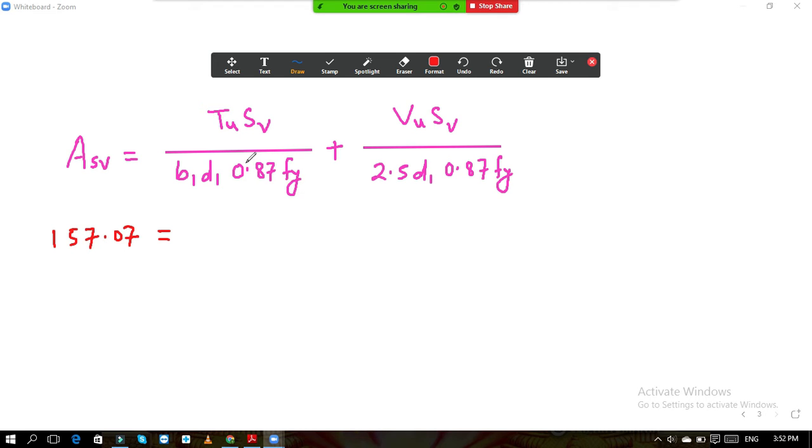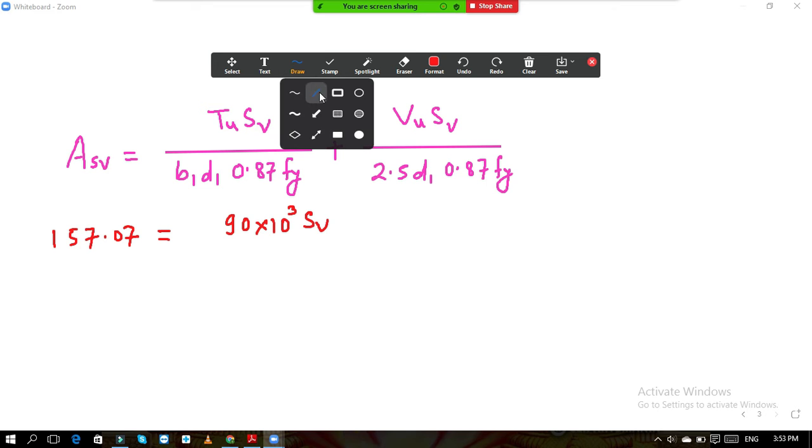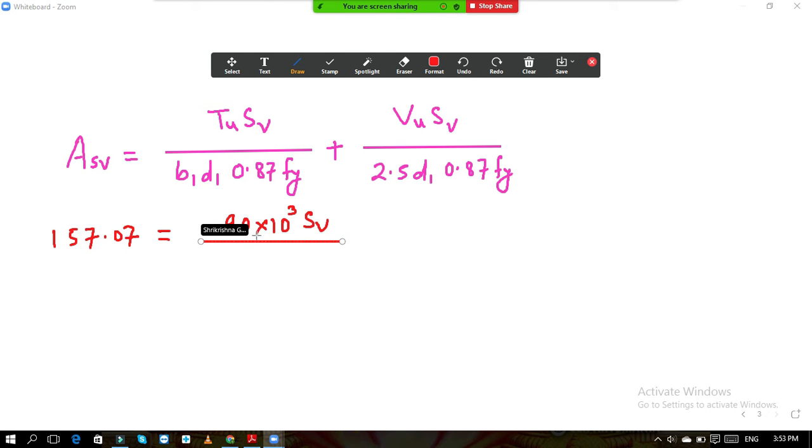So what was the value of VU? I think 90 is given to you, no? 90 into 10 raised to 3 SV. If anything goes wrong, let me know right now at this time only. Please check the values.